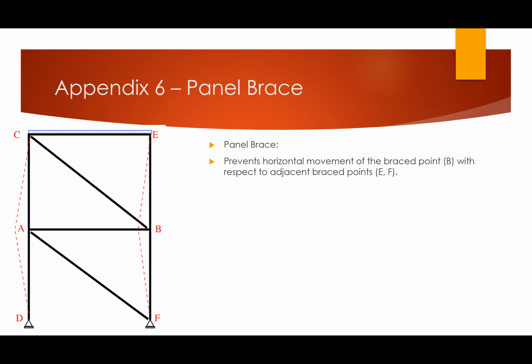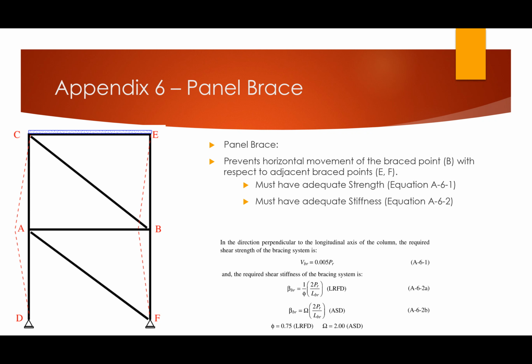And so I dashed in a deflected shape that's really being restrained, right? It's not allowing the point A and B to shift laterally in that way. And so it has sufficient strength and stiffness against that type of movement. And so that then qualifies as a panel brace. And again, it must have adequate strength, it must have adequate stiffness, and the equations are pretty straightforward. And so you can immediately see whether or not your system counts as a brace with these criteria.